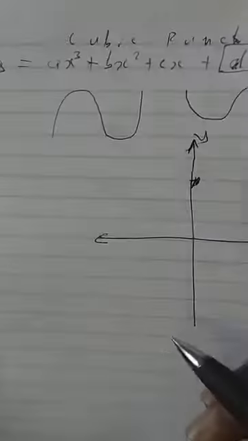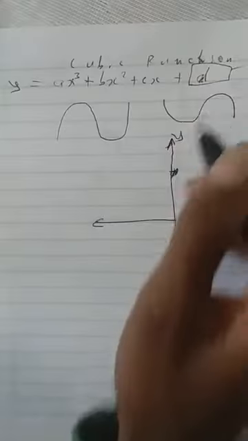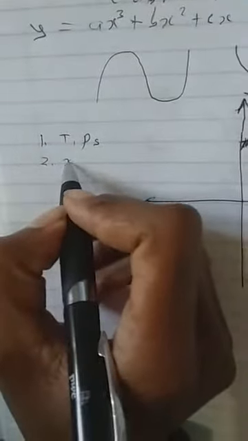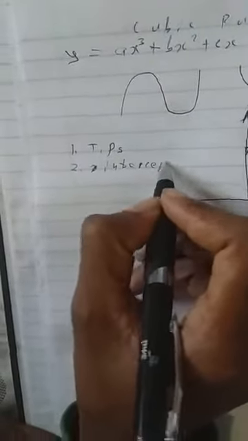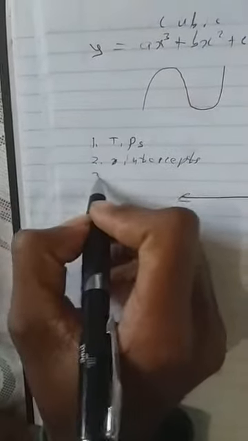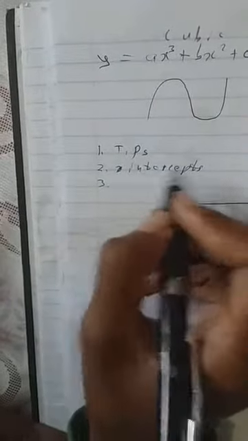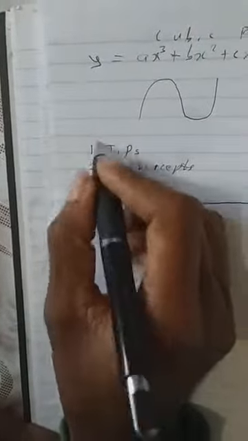We need three things: one, the two turning points; two, the intercepts; and three, the intercepts include the y-intercept and the x-intercept. It's just those two.